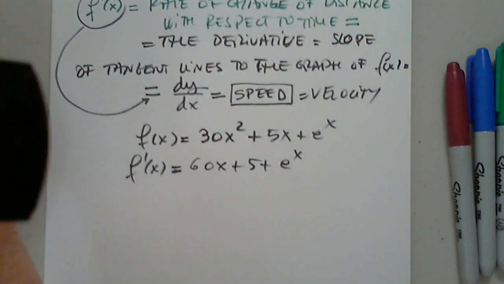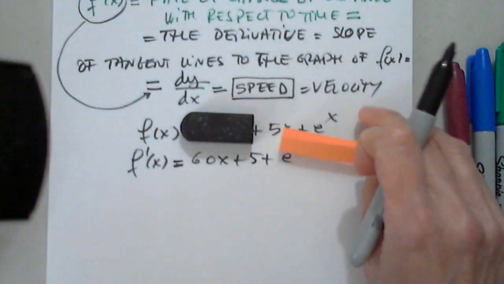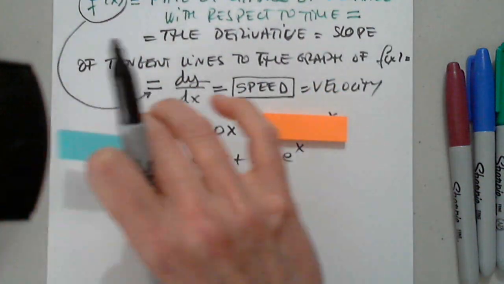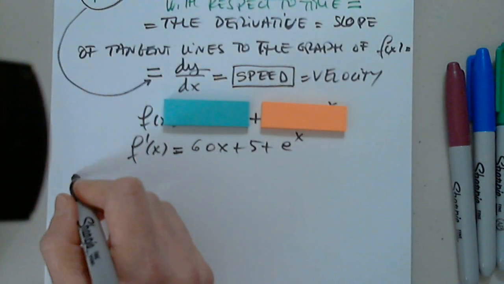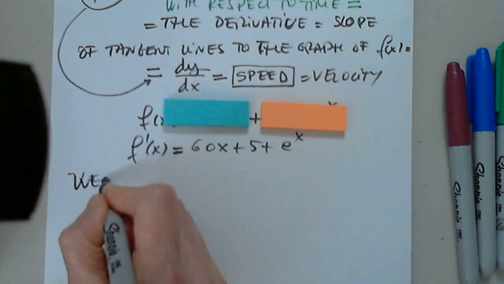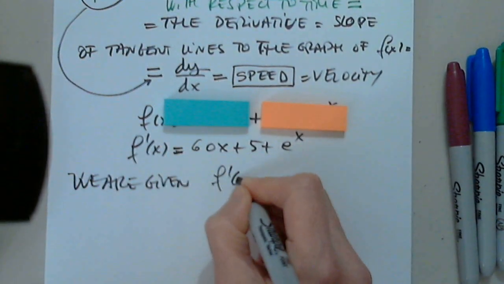So now, coming back to this fancy word, what does this mean? Well, it means that at this point, we are given f prime.